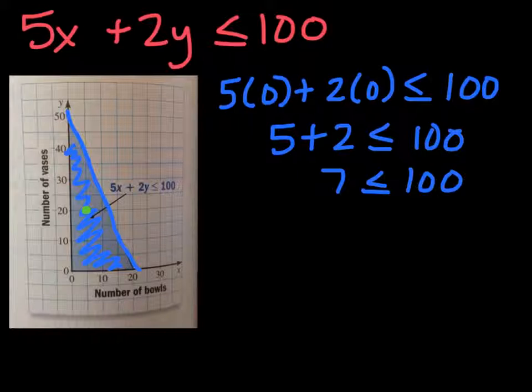Or we could make 10 bowls and 10 vases. Or you could make, if you wanted, just 20 bowls and not make any vases at all. And that would use all of your clay. Okay? So that's the final piece of solving that particular inequality. We gave 3 possible combinations of bowls and vases that we could make. You could continue to choose combinations as long as they're in the blue shaded portion of this graph.